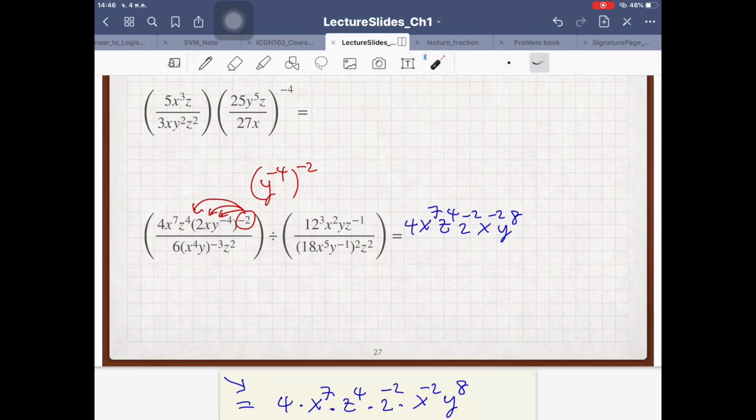So here you take the power twice, so just multiply these two powers together. That's why you get y to the power 8. And then you do the same thing to this term. You give this power to everything inside this parentheses. So here you will get 6 multiplied with x to the power minus 12, and then y to the power minus 3, z squared.